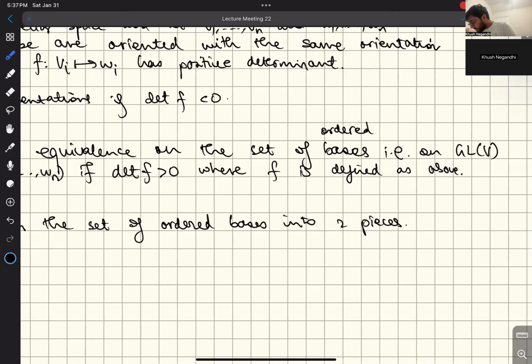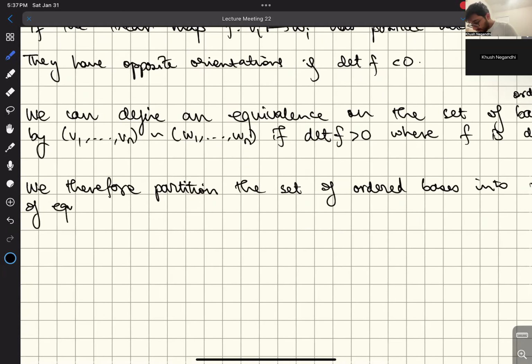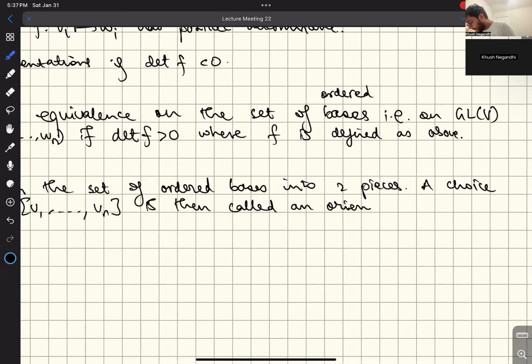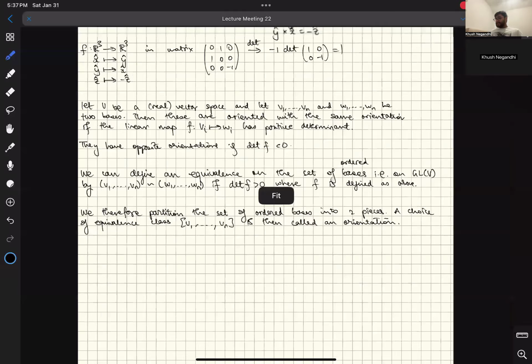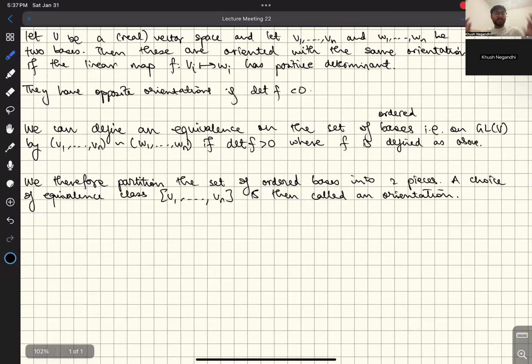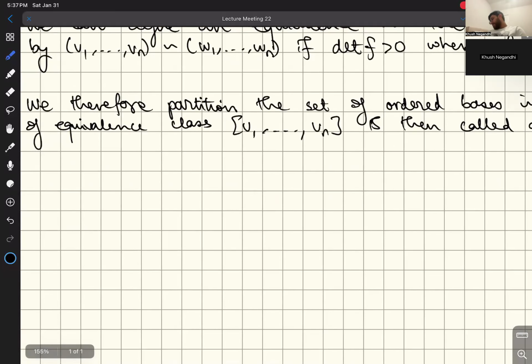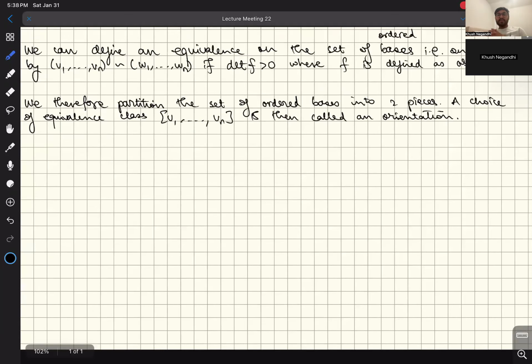And then a choice of equivalence class, which we'll denote by these square brackets, is called an orientation. The idea is that instead of choosing a particular basis, you just choose an equivalence class of bases, so you can move between two bases in the same orientation.